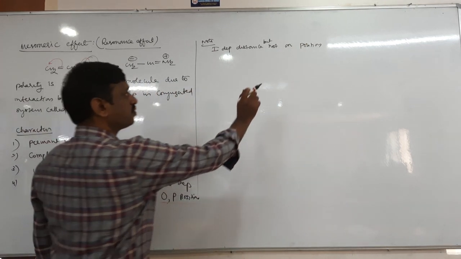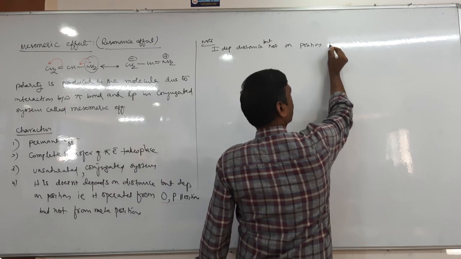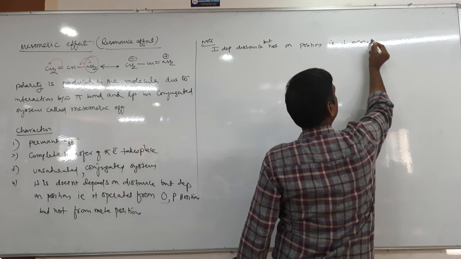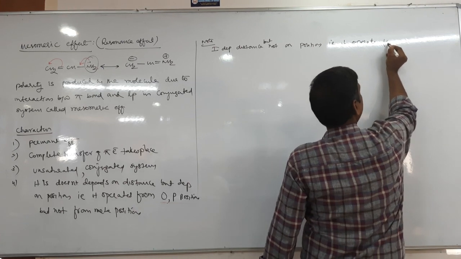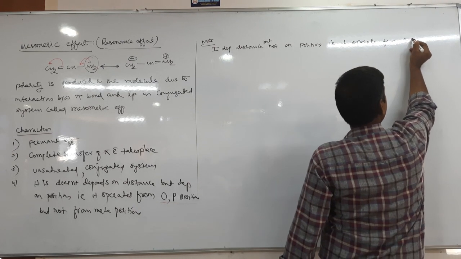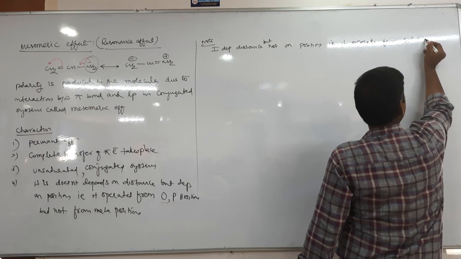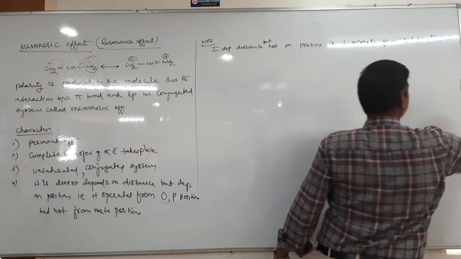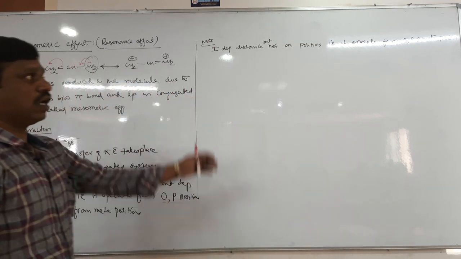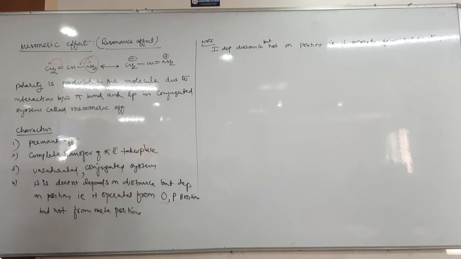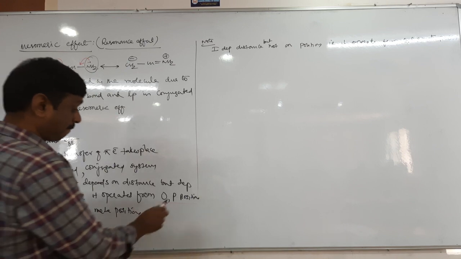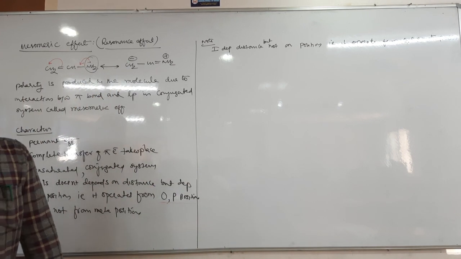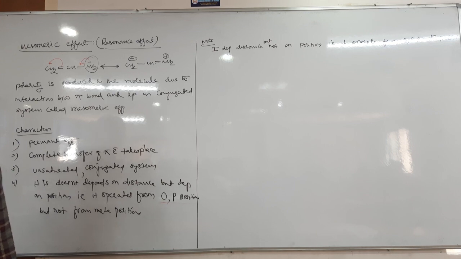That is, it operates from where? Ortho, para and meta positions. So it operates from all 3 positions: ortho, para and meta positions. Okay. So these are the characteristics of mesomeric effect.